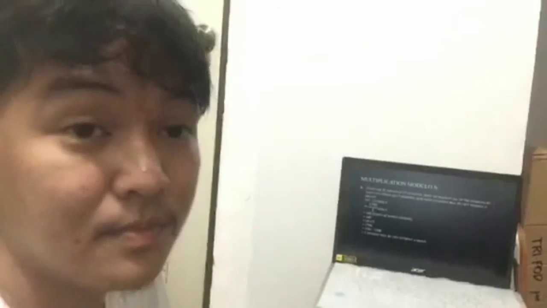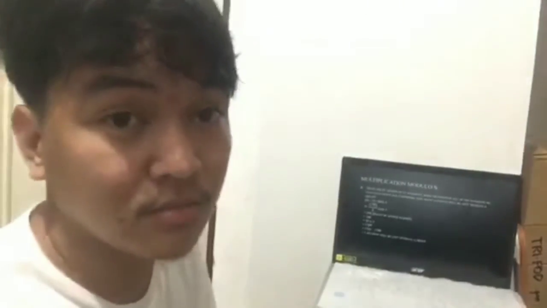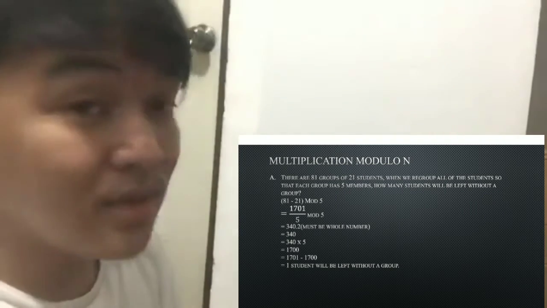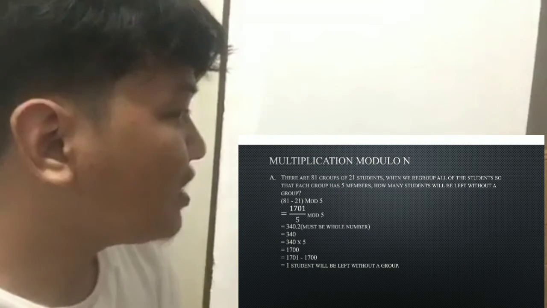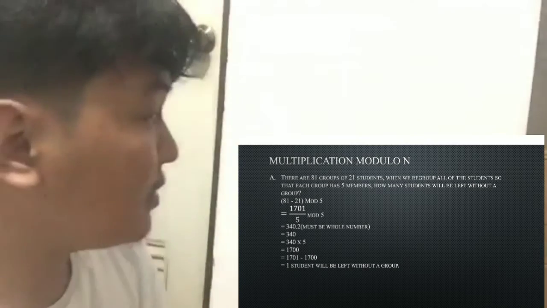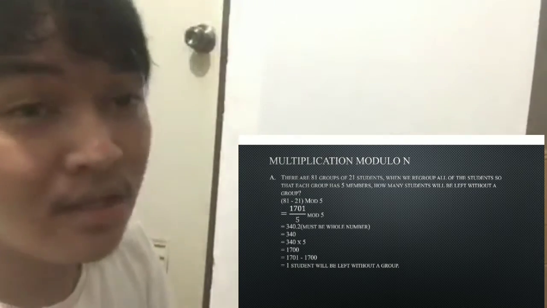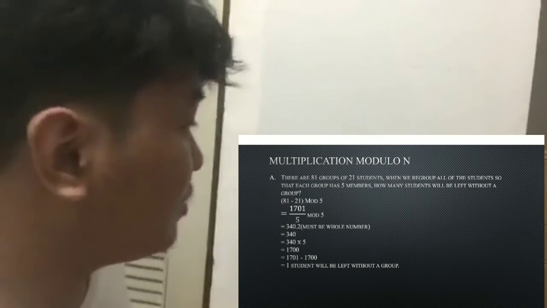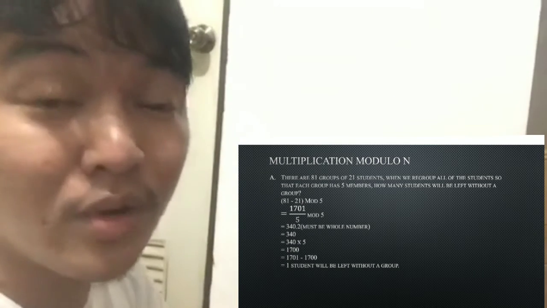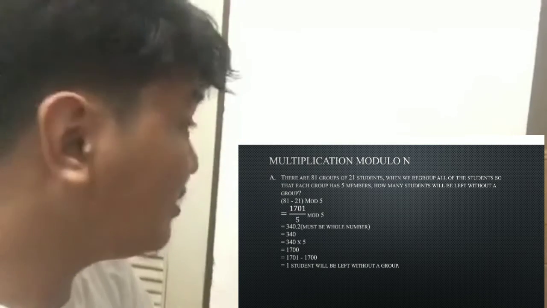So let's begin with the last operation in modulo n, the multiplication modulo n. The example here is that there are 81 groups of 21 students. When we regroup all of the students so that each group has 5 members, how many students will be left without a group? The given here is A is 81, B is 21, and the mode is 5.